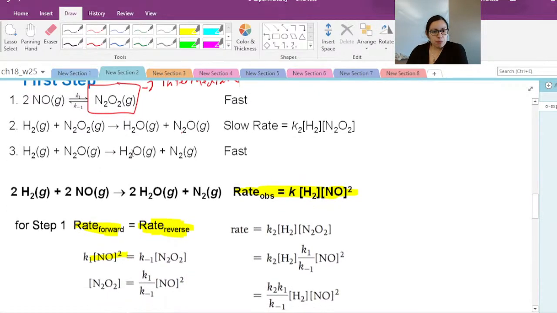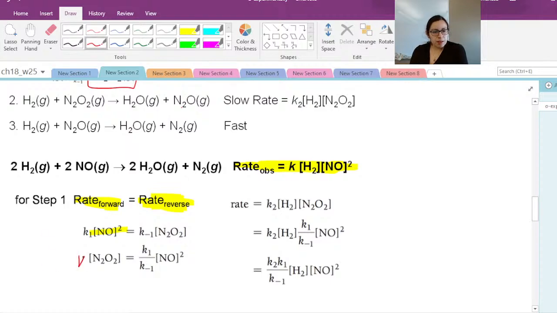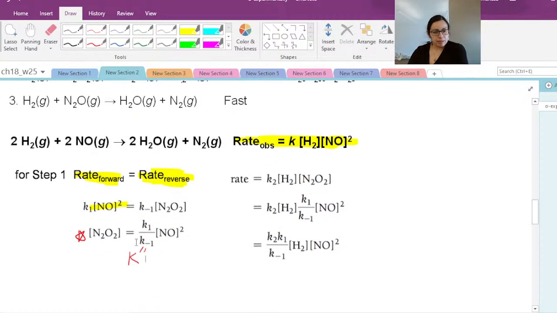And so all that we're trying to do down here is substitute this new expression in for N2O2. All they've done is take K1 divided by K negative 1. It really doesn't matter, because we haven't solved for anything, so this is still just K in the end. We'll fix that at the end.